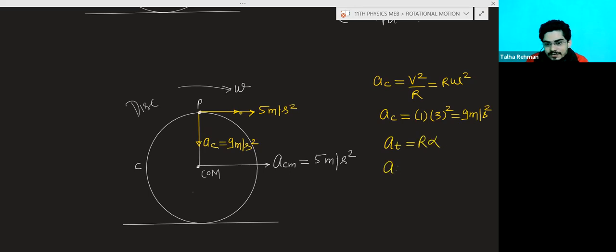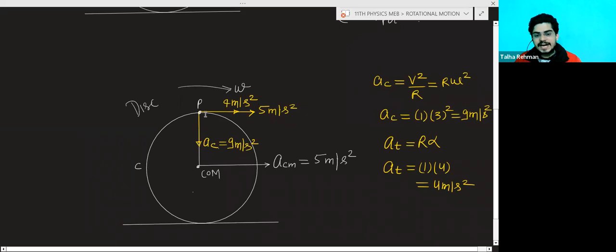R is 1, alpha is 4. So 4 meter per second square is tangential acceleration in this direction. Now net acceleration at point P: in this direction, 5 plus 4, that is 9.